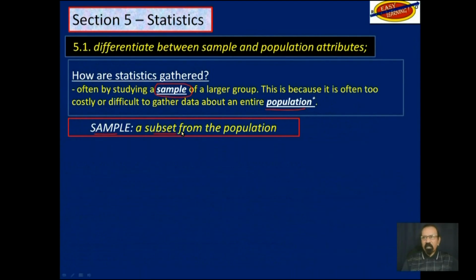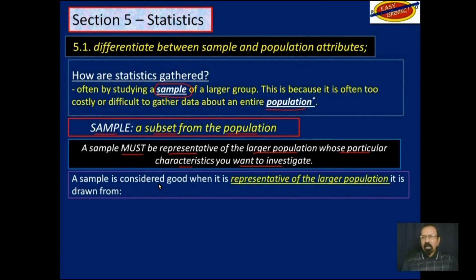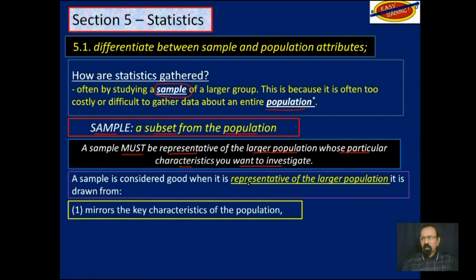It is a subset of the population. A sample must be representative of the larger population whose particular characteristics you want to investigate. It must be representative. That's the main thing about a sample. And how do you get that representation?